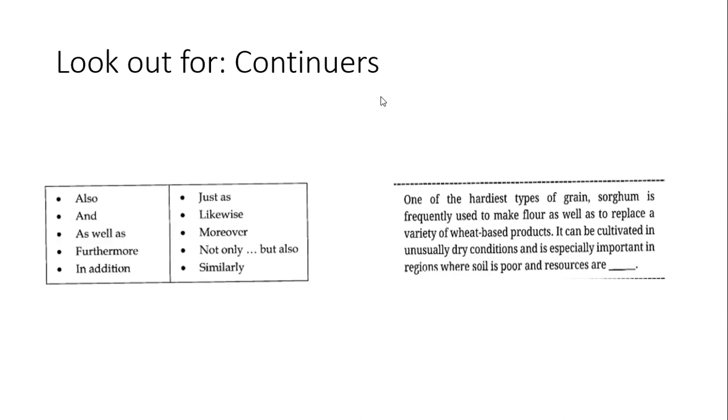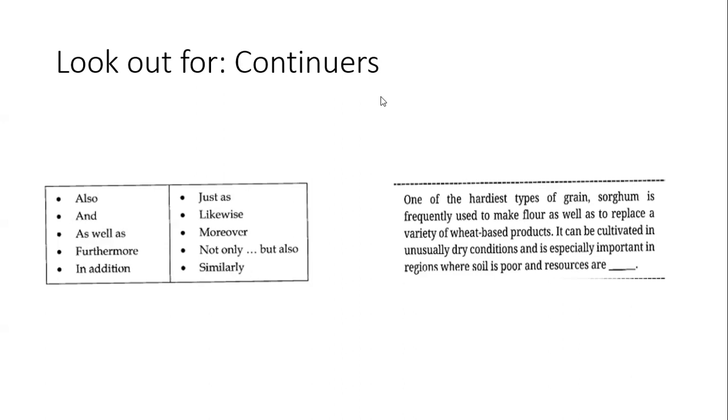One of the hardest types of grain, sorghum. Sorghum is frequently used to make flour as well as to replace a variety of wheat-based products. It can be cultivated in unusually dry conditions and is especially important in regions where soil is poor and resources are dash.